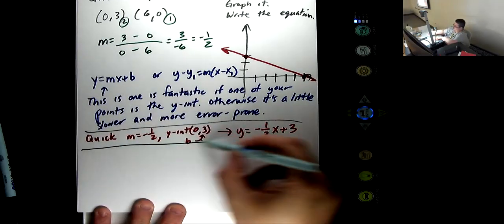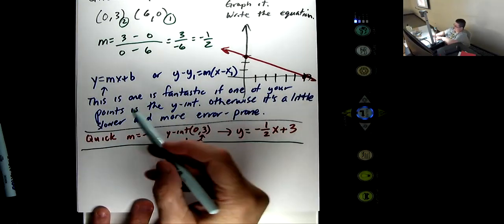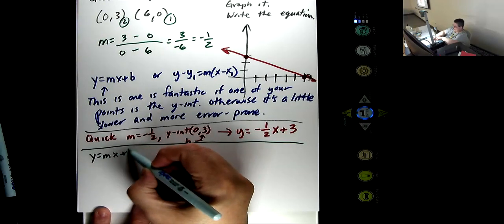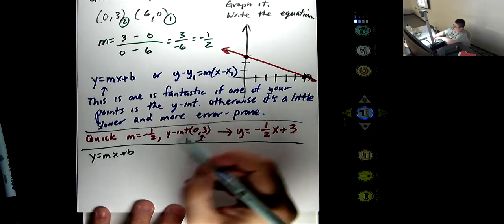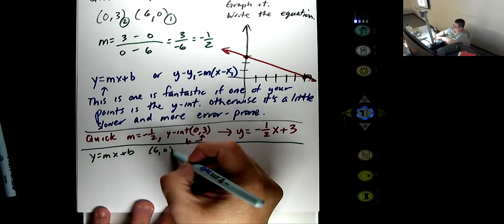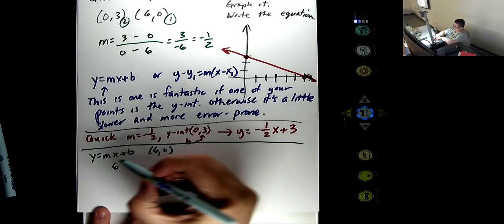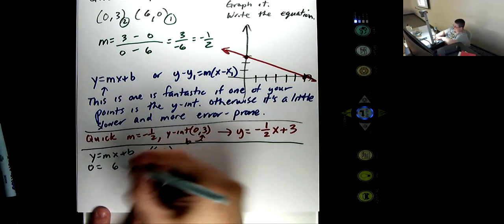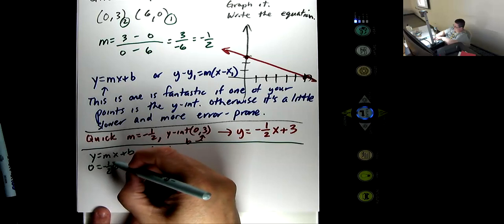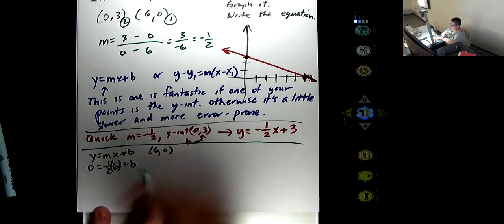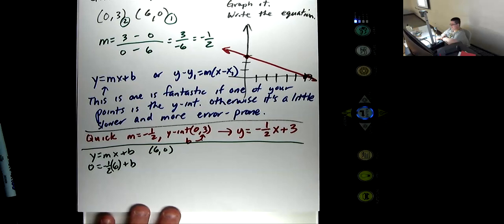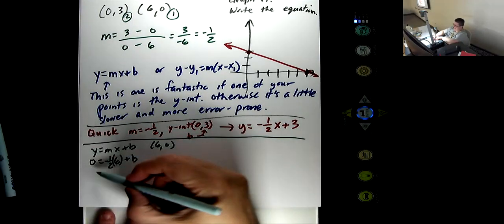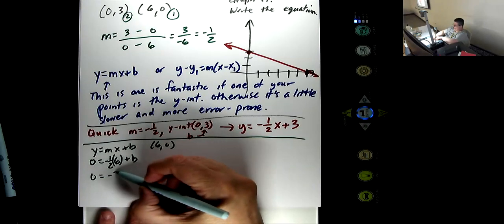And let's look at maybe doing it, let's use 6, 0 the same way. Y equals mx plus b. I'm going to use the point 6, 0. So my x is 6, my y is 0. M is still -1/2. And I've got b. -1/2 times 6 is -3.